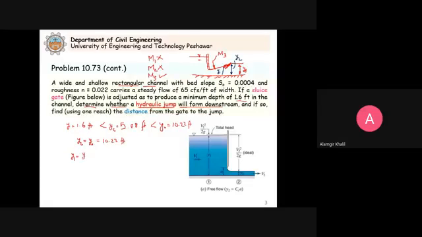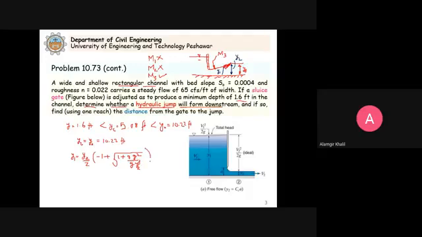will be equal to Y2 divided by 2 into minus 1 plus the square root of 1 plus 8q squared divided by g into y2 cubed, and this is the whole square root.